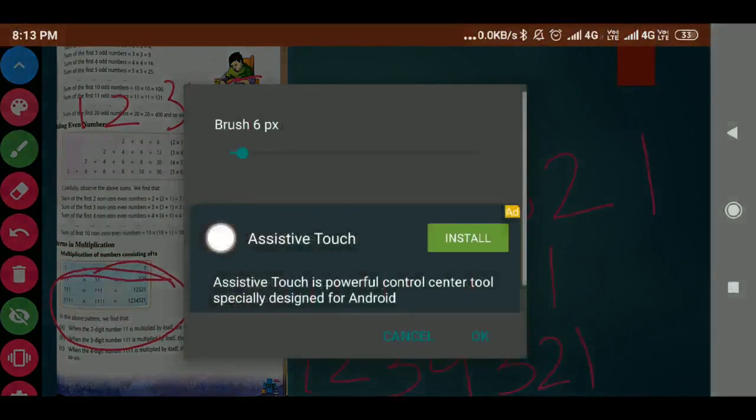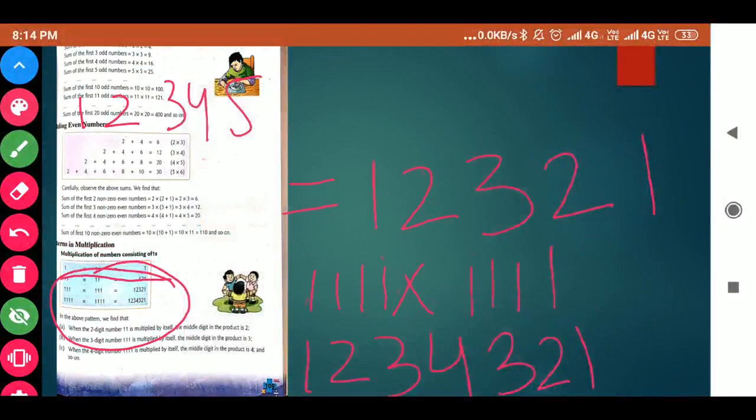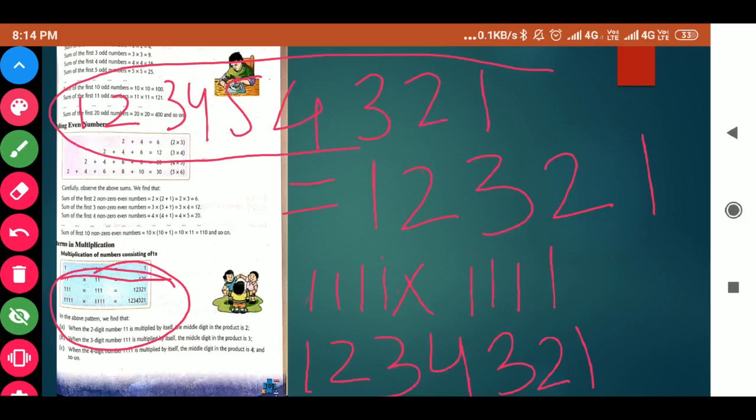So write after 5, 4, 3, 2, 1. So when 5 ones are given, then the multiplication will be this. Now you can see the product is a large number, and you have found the product easily of numbers that contain 5 ones.